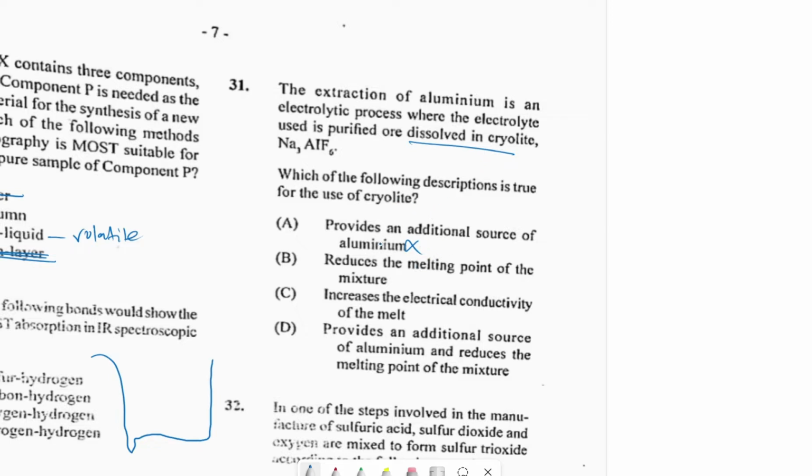Reduces the melting point of the mixture. I'll go B. And increases the electrical, no. Produces an additional source of aluminum and reduces the melting point of the mixture. No, it's B for me.